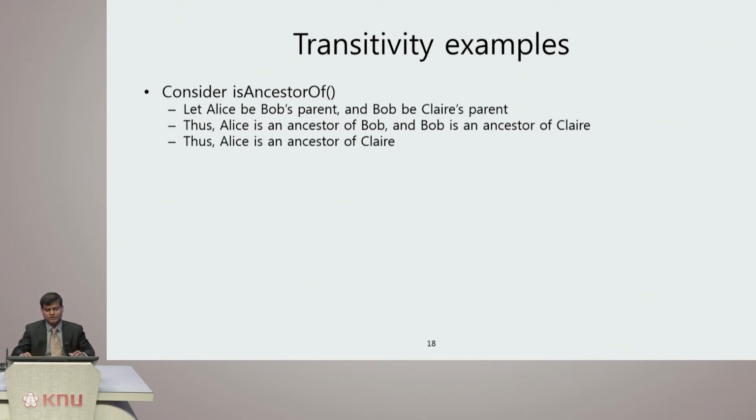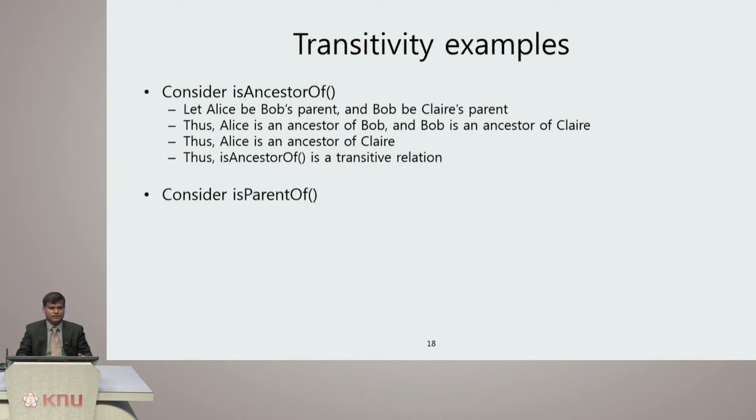We can say that is-ancestor-of is a transitive relation, because it establishes the parent-child relation. Alice is Bob's parent and Bob is Claire's parent, therefore Alice is an ancestor of Claire.